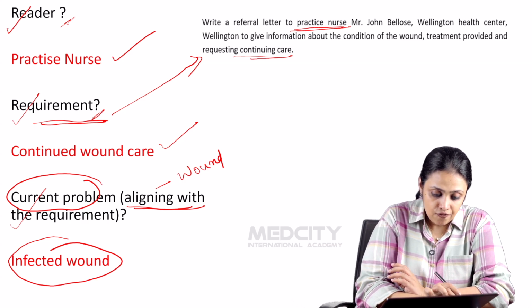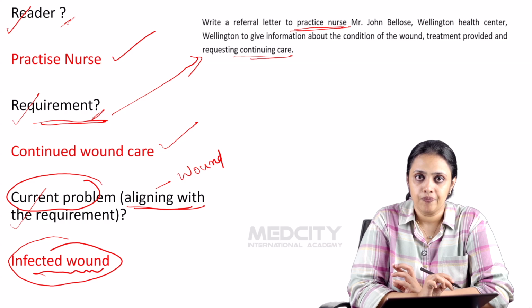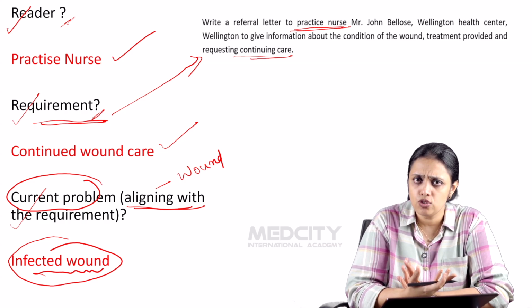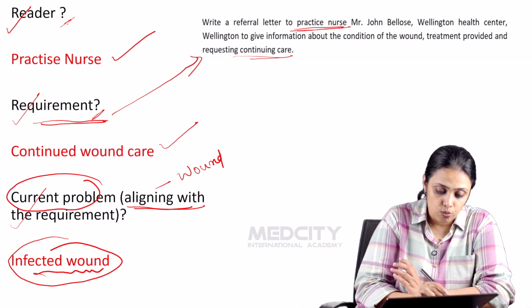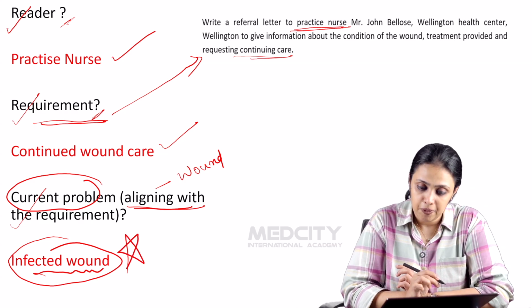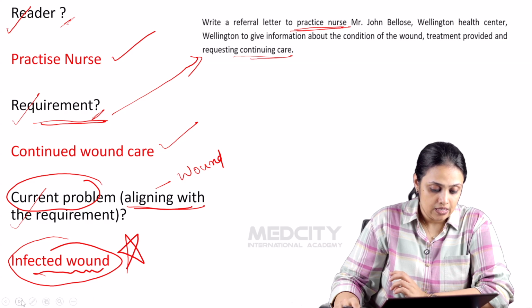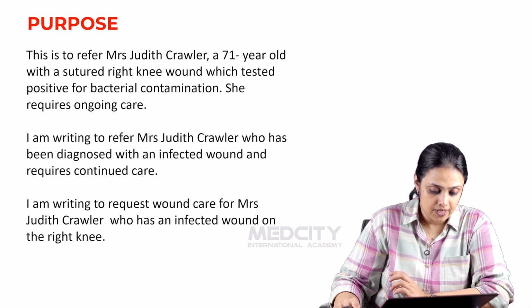So this infected wound should come in the purpose paragraph. If you mention suturing, that is fine, but what is more important is that this infected wound should be there in the purpose paragraph. Now with this idea, I'll show you some sample purpose paragraphs.